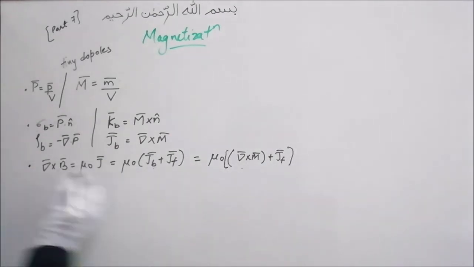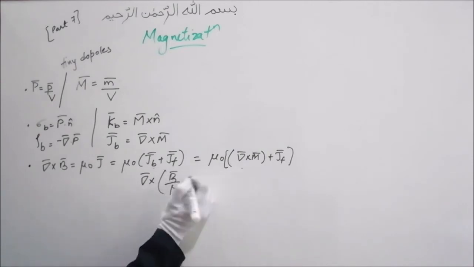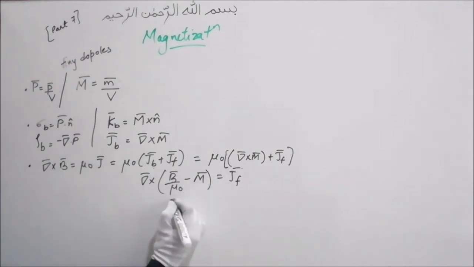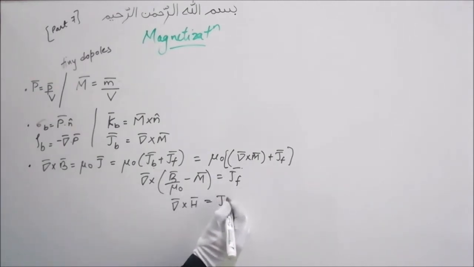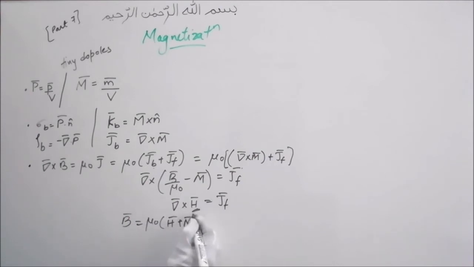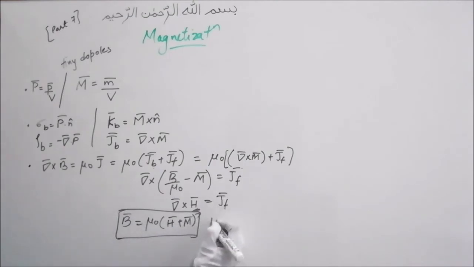Take this term here, we'll have del bar cross (B bar upon mu naught minus M bar) is equal to J free. This is del bar cross H bar is equal to J free, where B is equal to mu naught H plus M. So del cross H is J free and del cross M is J bound.